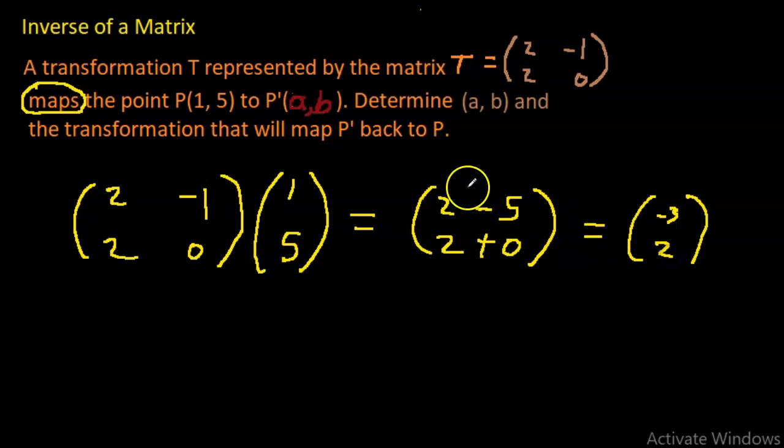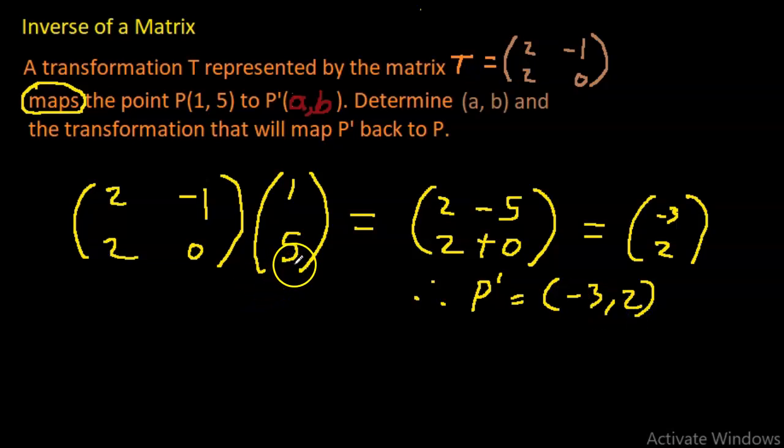So in other words, this transformation represented by the matrix T maps (1, 5) onto (-3, 2). So the point P prime is (-3, 2).